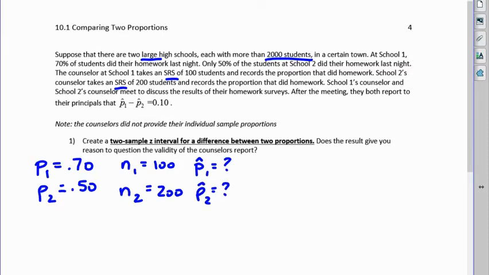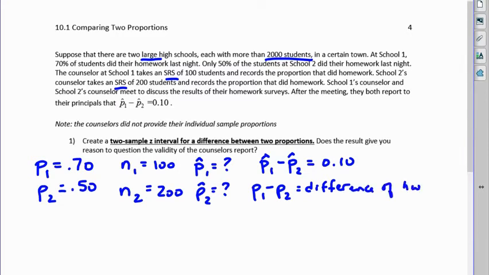But they did tell us that P hat for school 1, the statistic, is 0.1. And so we know that P sub 1 minus P sub 2 will be the difference of homework completion proportions at the 2 schools. Make sure you define what you're working with.